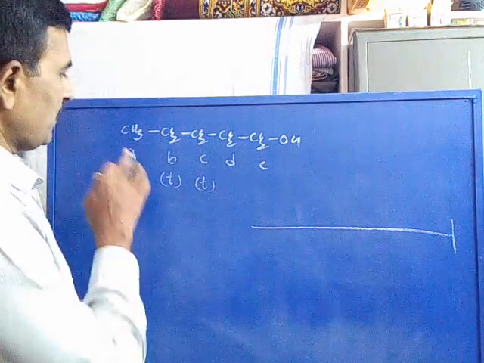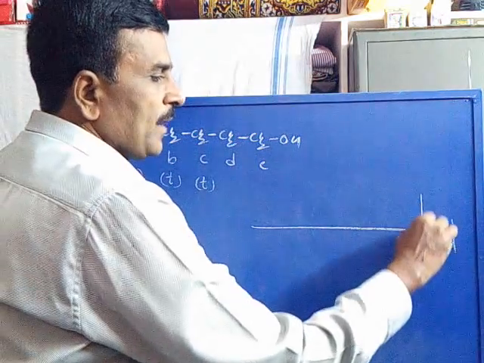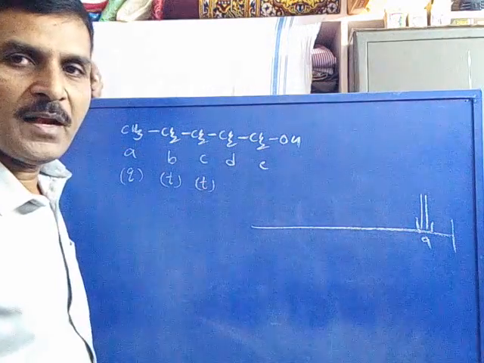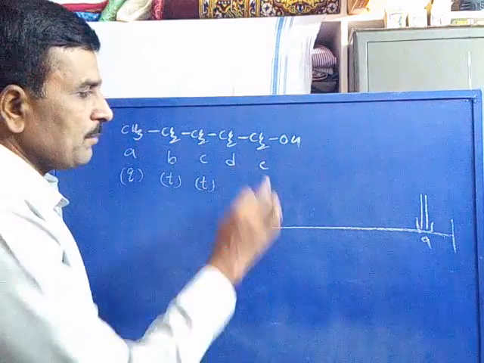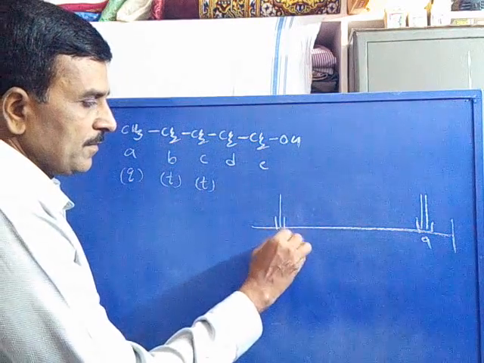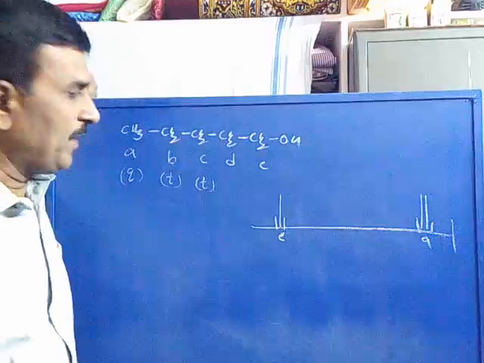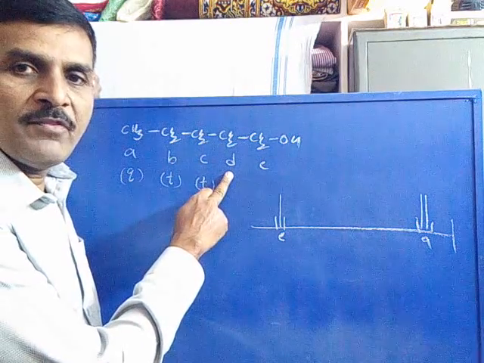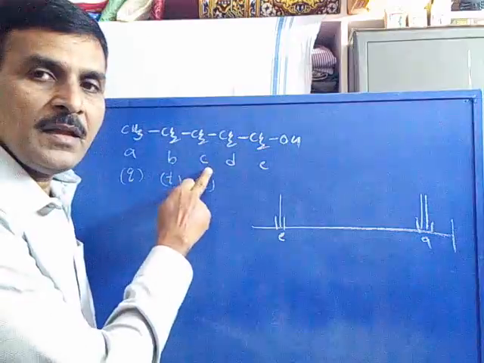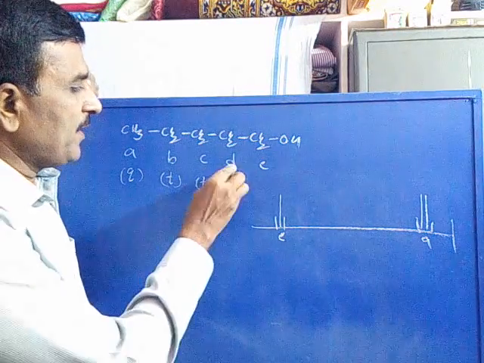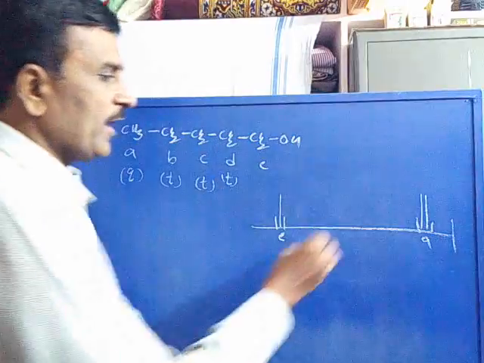Now in the SFORD spectrum, A carbon appears as a quartet. E carbon, this is the terminal CH2, appears as a triplet. Now B, C, D carbon, because of the low frequency difference between B and C and D, their multiplicity triplets get overlapped.